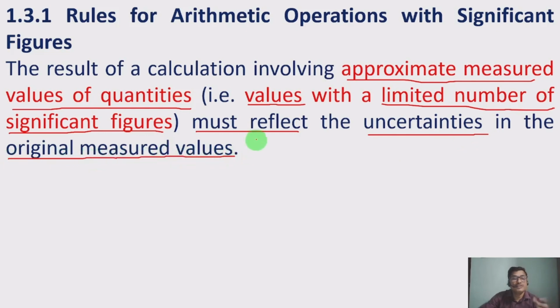From the original measured values, after certain operations, the result will have some uncertainties or errors.